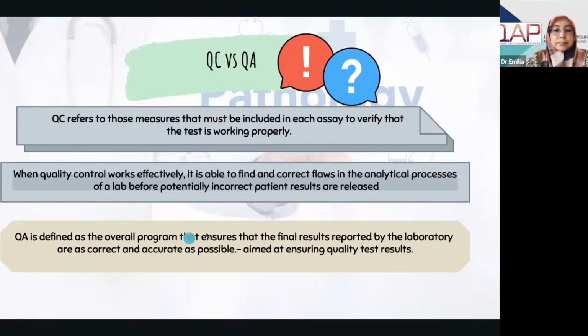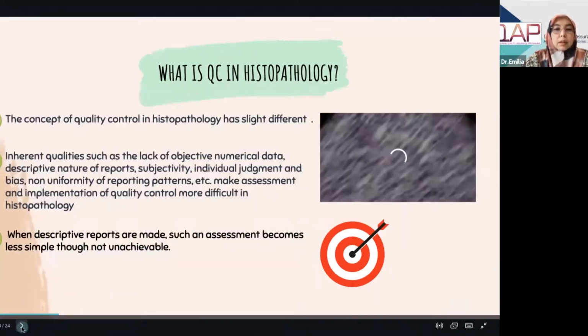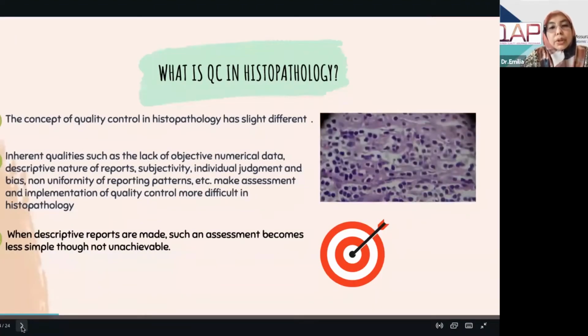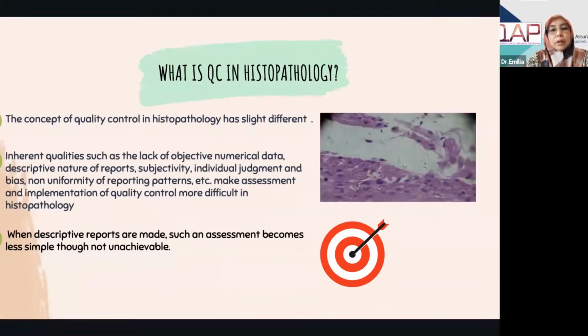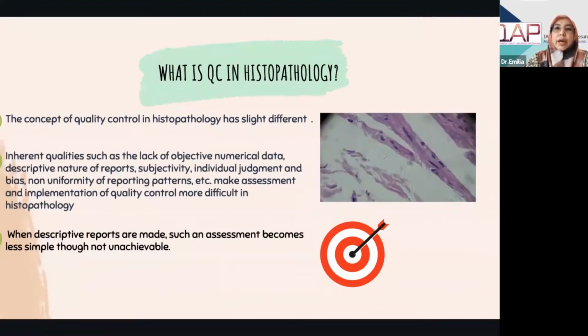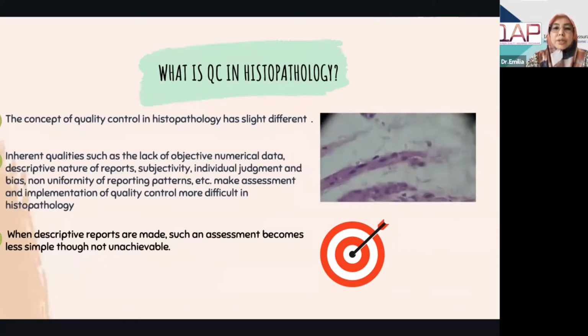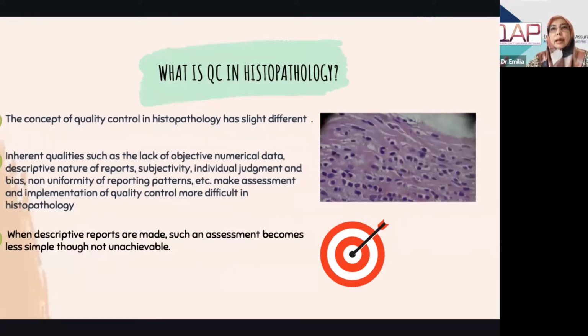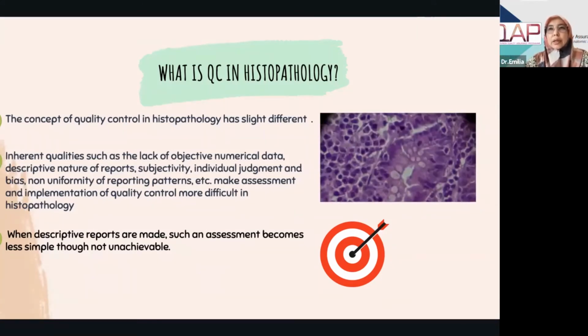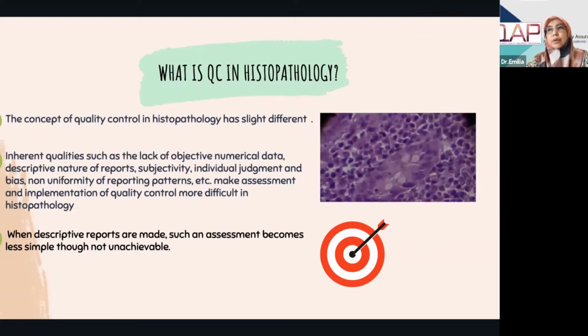Then, what is QC in histopathology? QC in histopathology is slightly different. Unlike in chemical pathology, where we have equipment and machines that produce numbers and data, and we can see the outliers from the analysis, in histopathology we don't have numerical data.